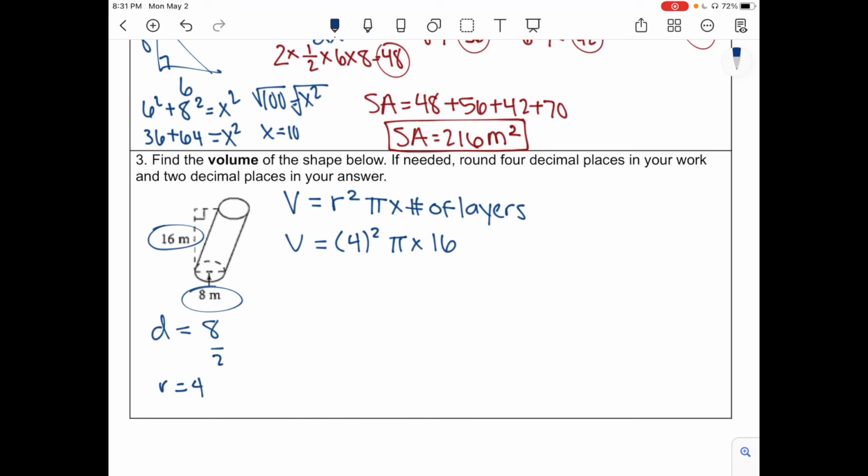It does say if needed round, so you're going to put everything in the calculator. 4 squared pi times 16. So I get 804.25 meters cubed, because it did say round 4 in your work and 2 in your answer.